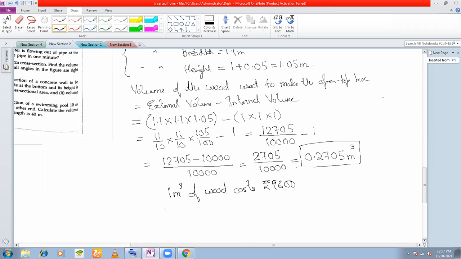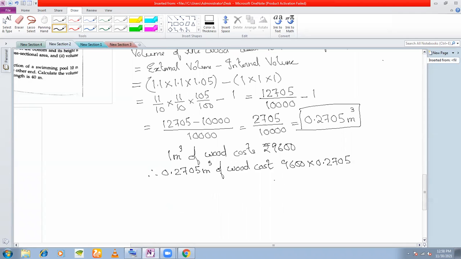This much. Therefore, 0.2705 meter cube of wood will cost 9,600 into 0.2705.